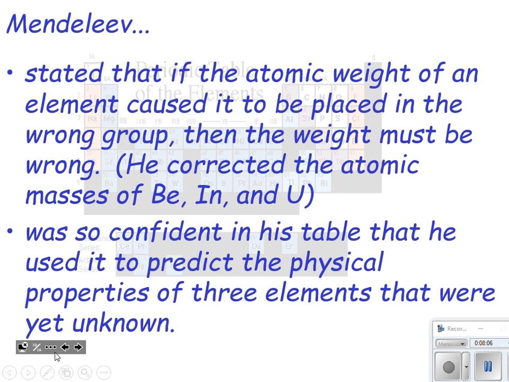We don't know what it is. Something fits in there, and that element is going to have these properties. How do I know that? Because based on my table, based on the group it's in, I can tell that these will be the properties of that element. So he predicted elements that weren't even in existence yet.